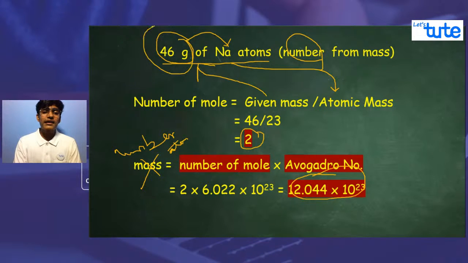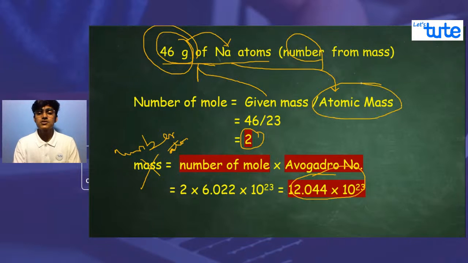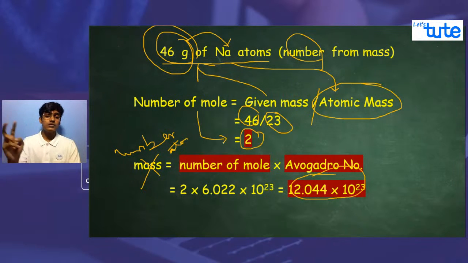If the mass is given, simply divide it by the atomic mass. The atomic mass of sodium is 23 and the mass given to us is 46. We divide them and get the number of moles as 2.